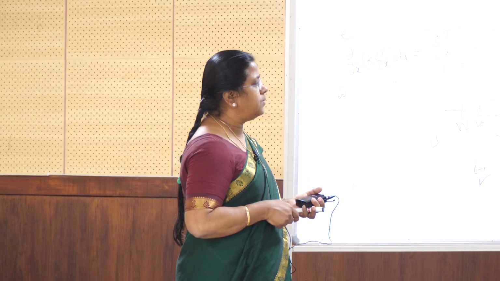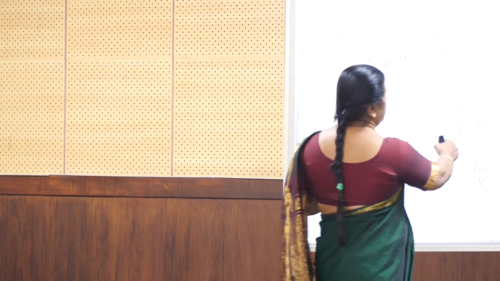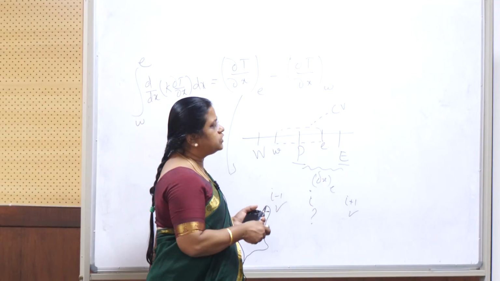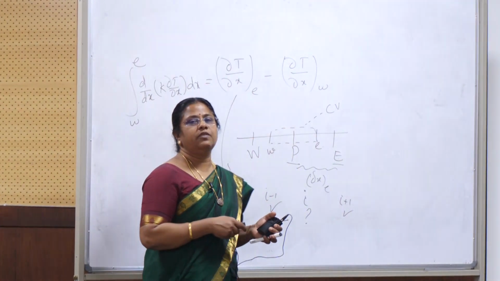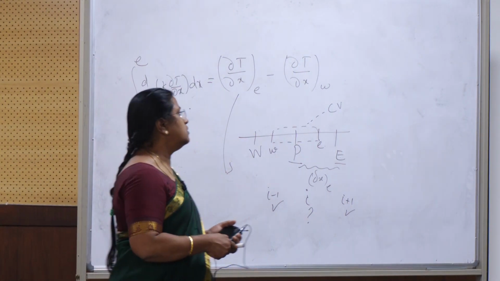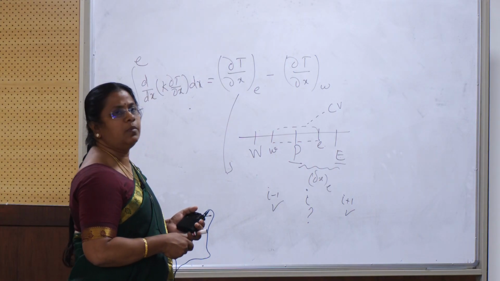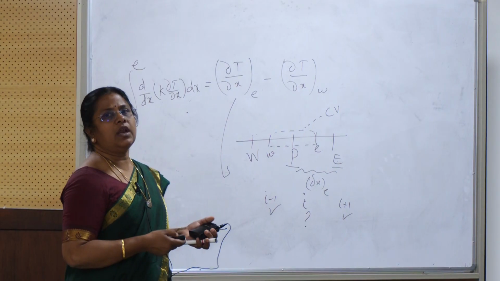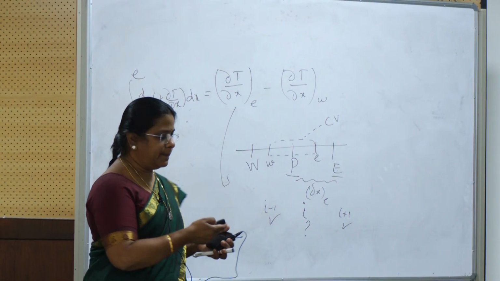We are rearranging such that S bar can be written like this, SC plus SP into the value at this point, and the coefficient should be less than 0. In the previous slide I showed the coefficients, AP, AE, AW, etc. This coefficient should be less than 0. We are rearranging, that's it.